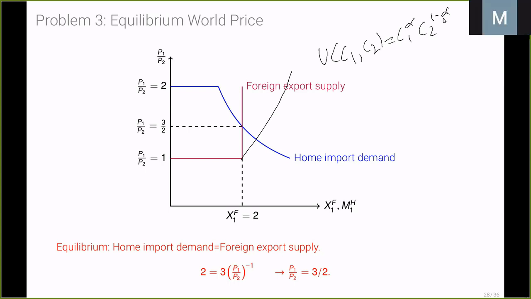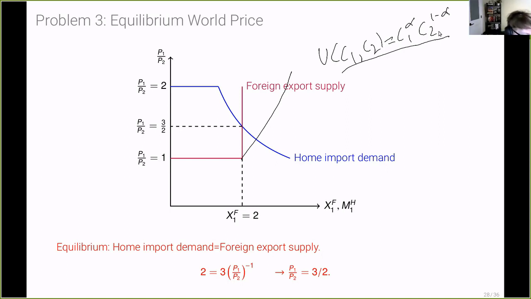when preferences look like this, foreign's export supply is always vertical. With different preferences, it could be that foreign's export supply is not totally vertical. But with the preferences that we use, above a given price one country is always going to export a fixed share, dependent on preferences.